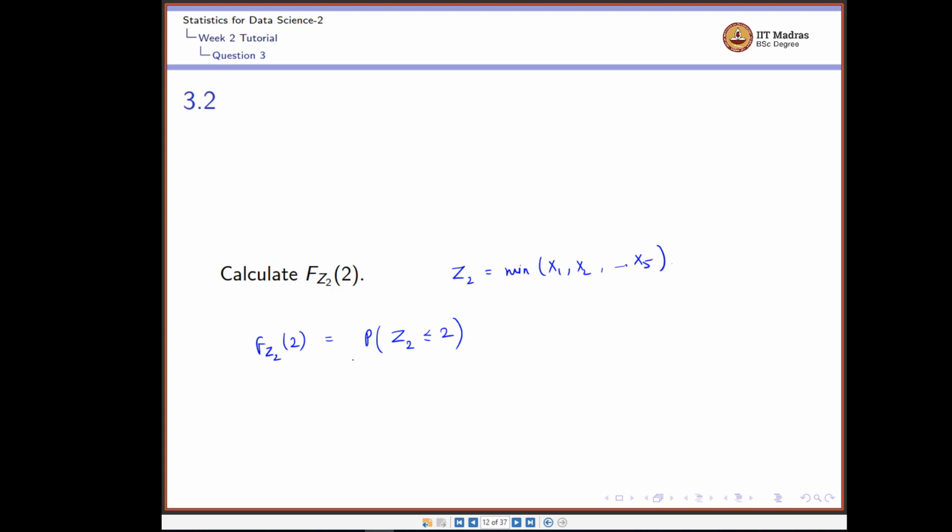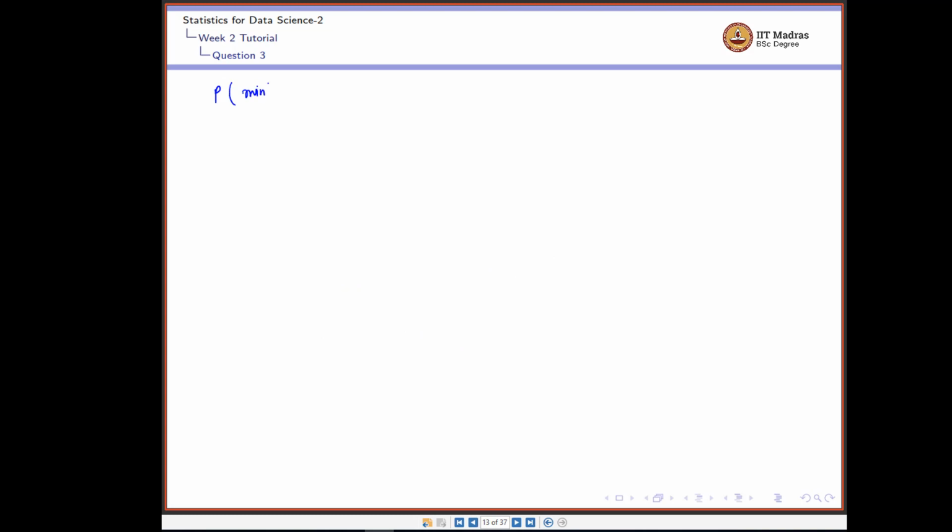We can write this as 1 minus the probability that the minimum of X1 up to X5 is greater than 2.